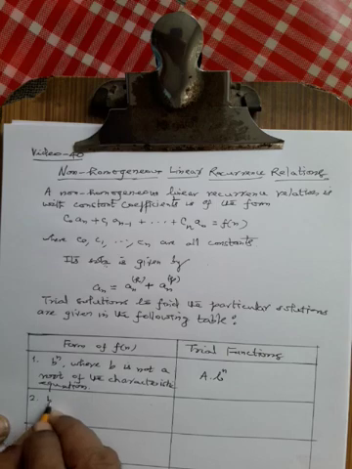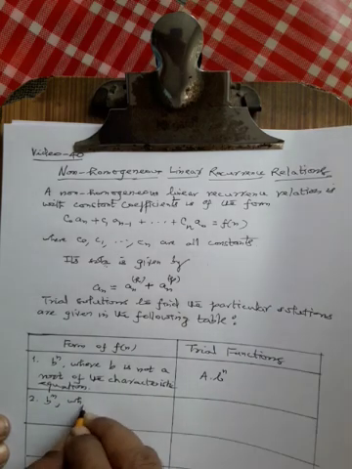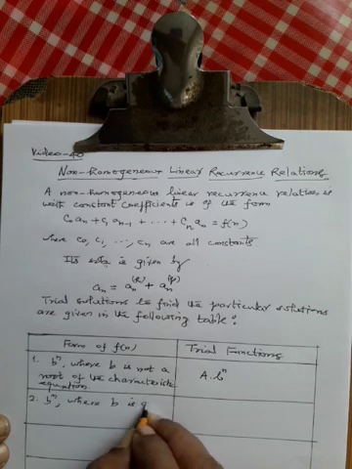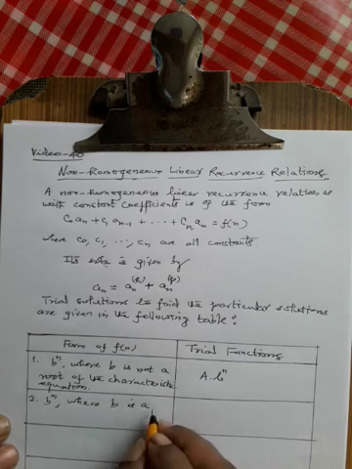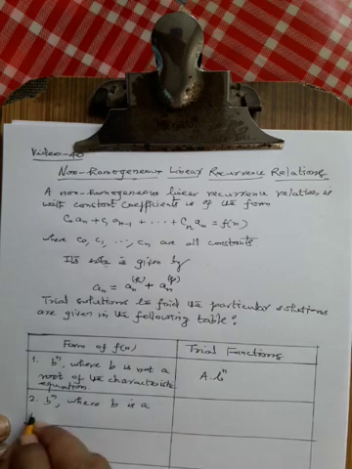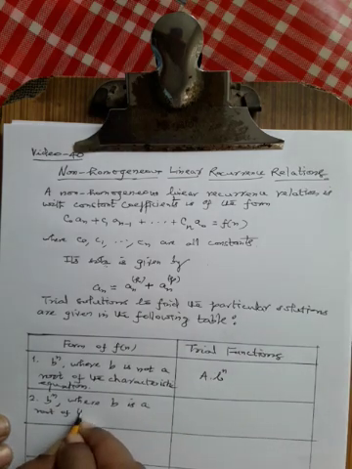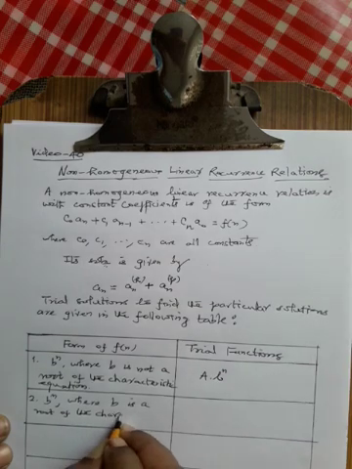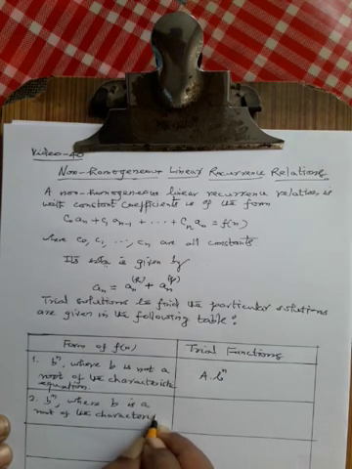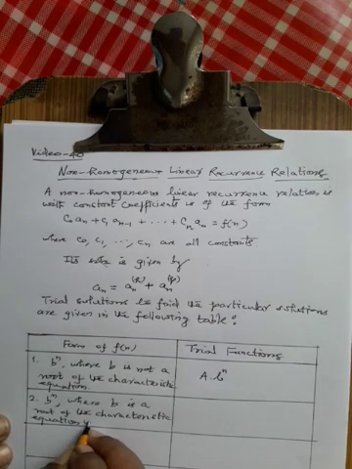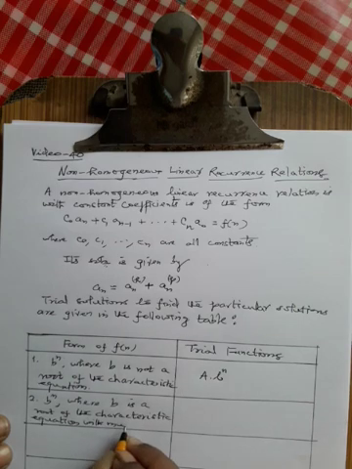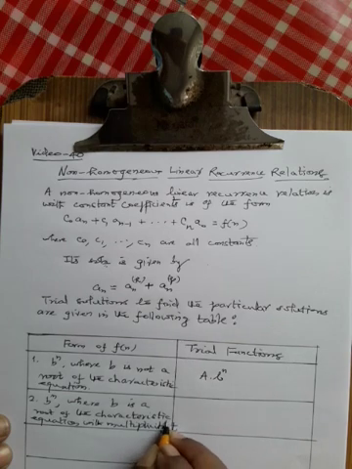Second one, b power n, where b is a root of the characteristic equation with multiplicity t.